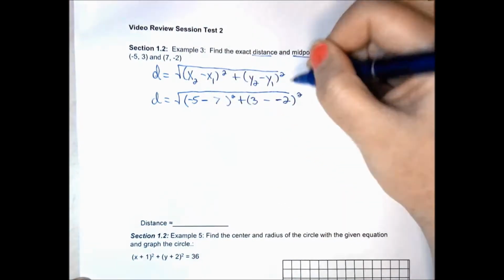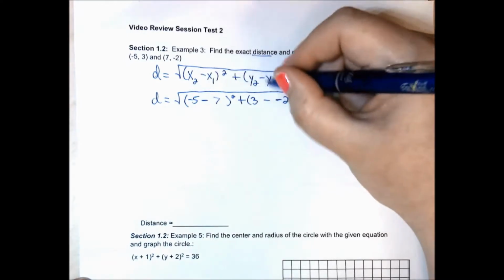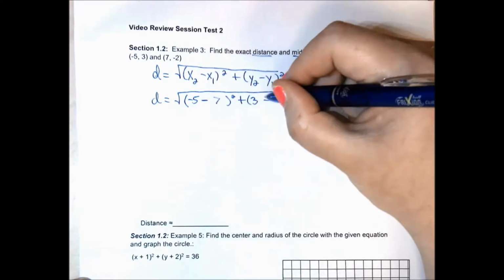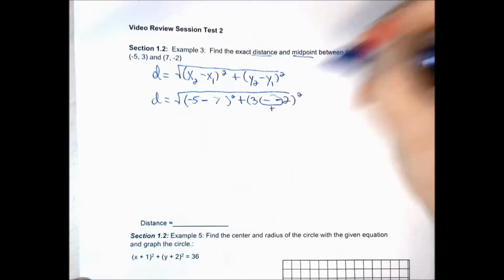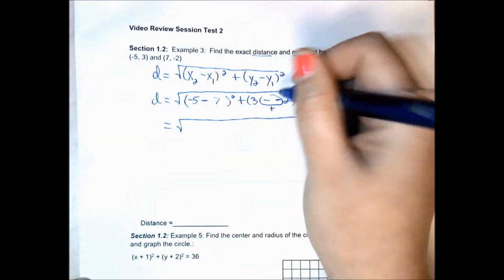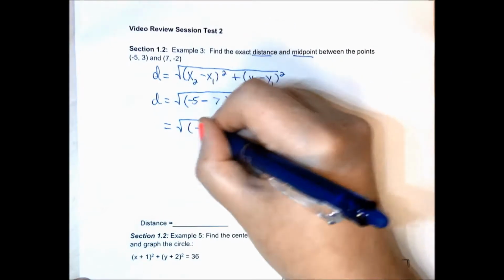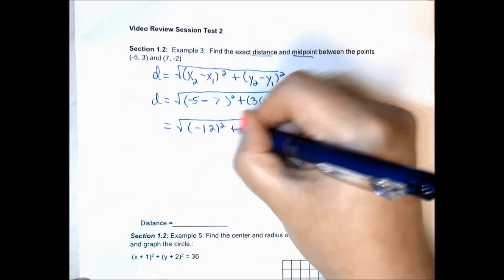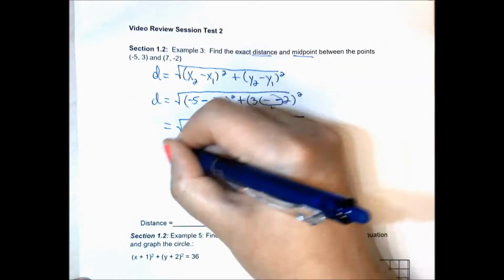So be really careful because the minus that's built into the formula is not the minus on numbers. So sometimes you're going to get this double negative, which you need to be sure and change to a positive. So we have -12 squared and 5 squared.